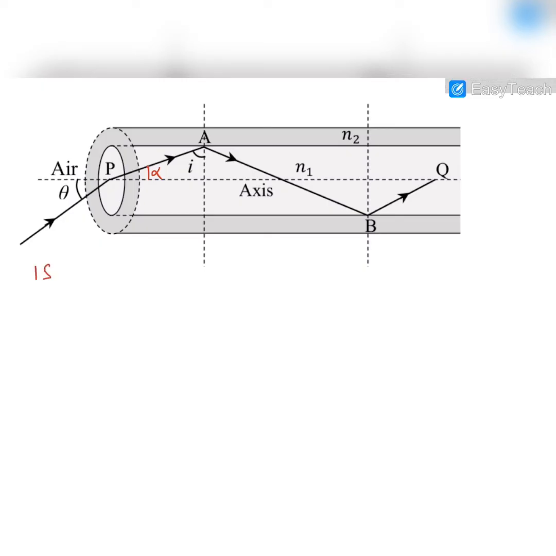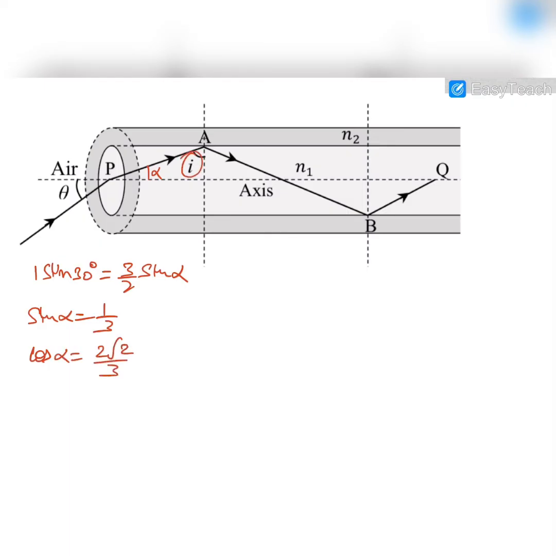So 1 sine 30 will be equal to n1, which is 3 by 2, sine alpha, and sine alpha will be equal to 1 by 3. Now cos alpha will be equal to 2 root 2 by 3.